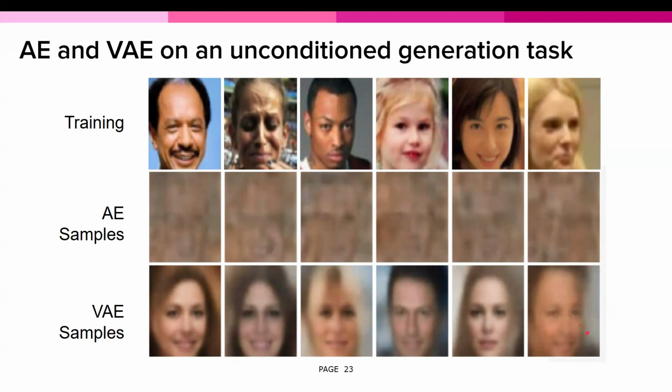And so what we can see is that the VAEs definitely improve. Images are still pretty blurry. This happens because the VAEs don't optimize the exact log likelihood of the training data. Instead, they're optimizing a lower bound on it.